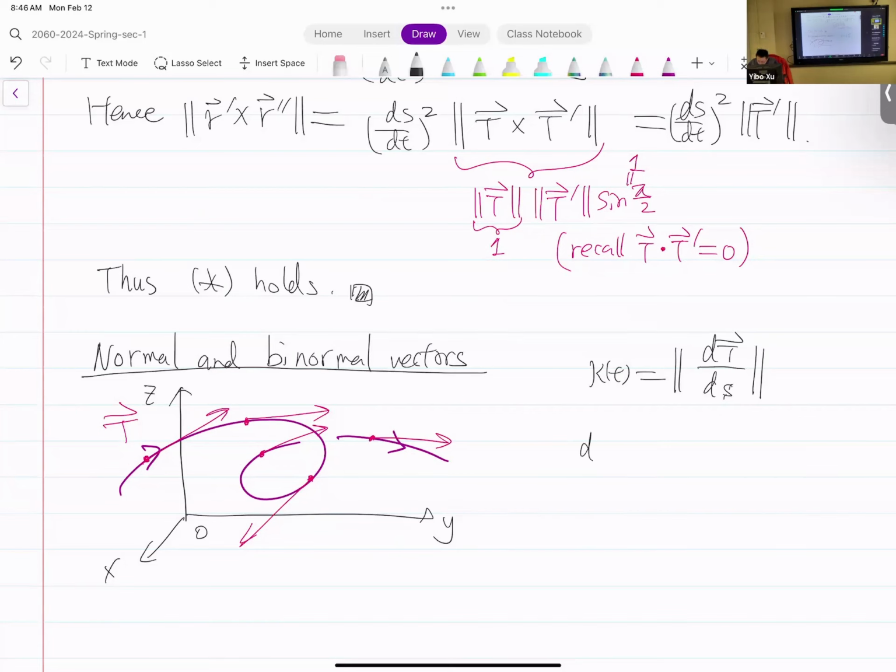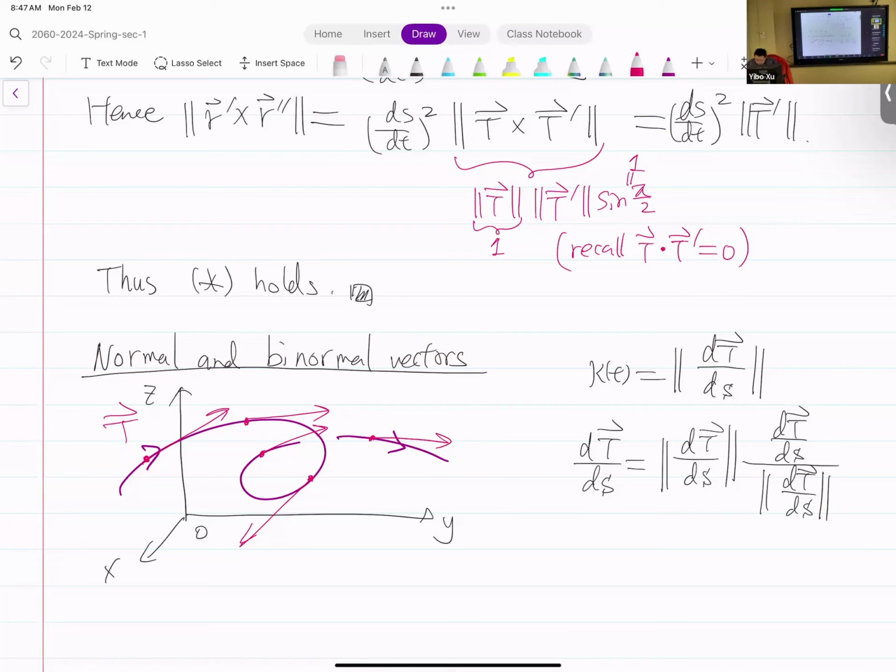This means the rate of change of the tangent direction with respect to arc length can be represented by a scalar multiplying the unit vector along the direction. If we want to get the direction, we simply isolate the magnitude in the front.